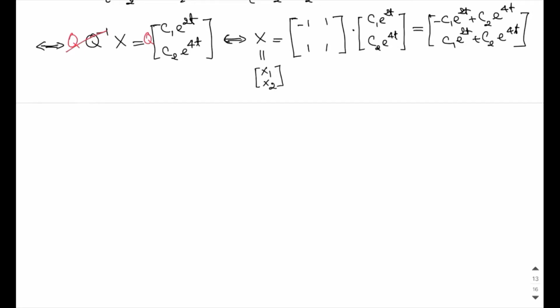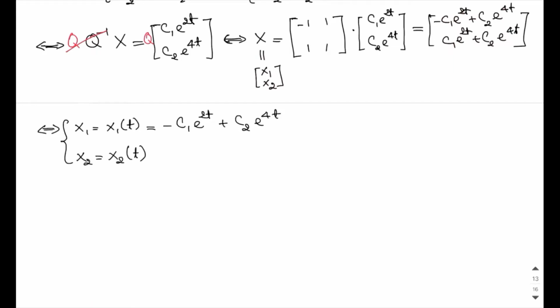So that means you have identified your x1 to be this one and x2 to be the second one. So we have found x1 of t, which is negative C1 e^2t plus C2 e^4t, and x2, which is a function of the t variable. If you want to be precise, you should write x2(t), C1 e^2t plus C2 e^4t.